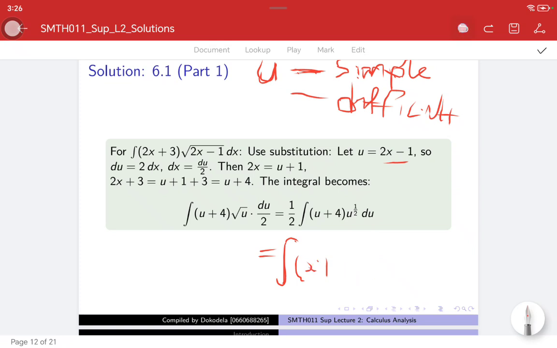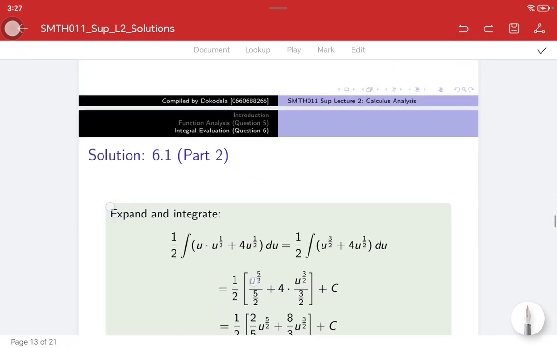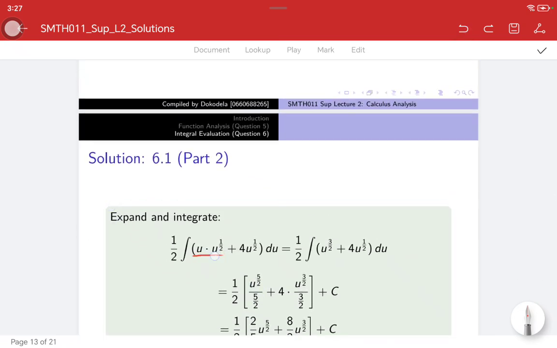So in this case, we are just going to multiply through. When I multiply here, I keep the base and add the exponents. The exponent of this one is 1, and when I add 1 plus 1 over 2, I get 3 over 2. Then this one becomes that, because there was a constant at first.